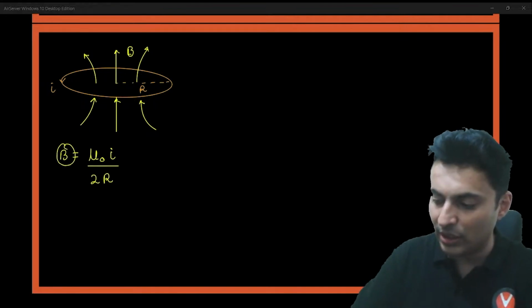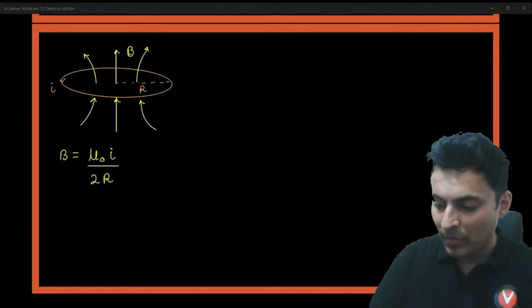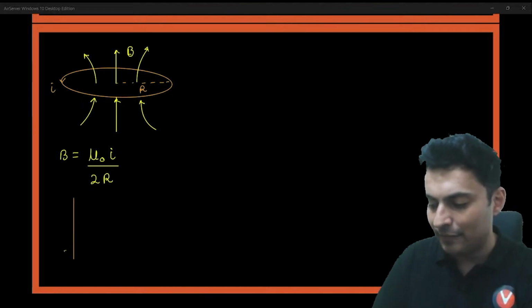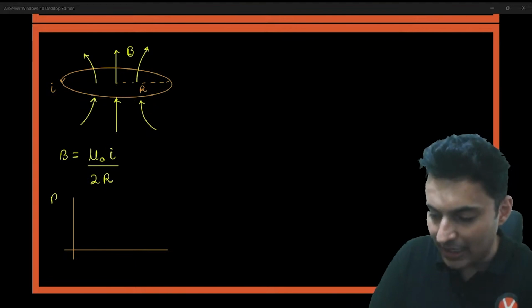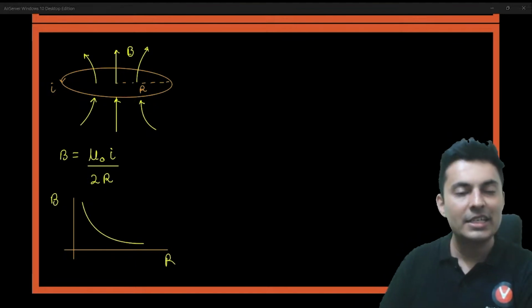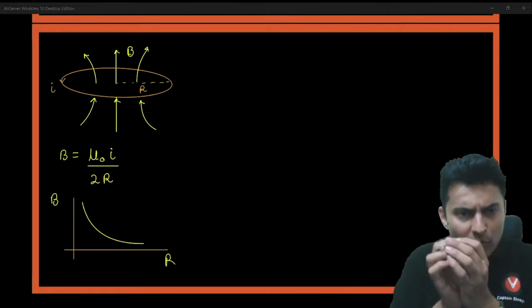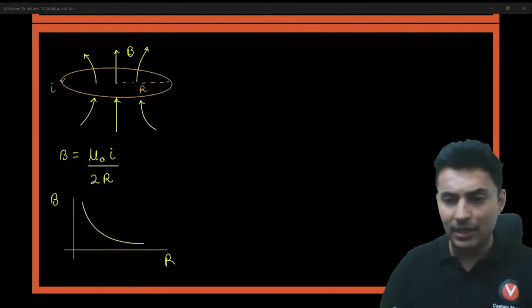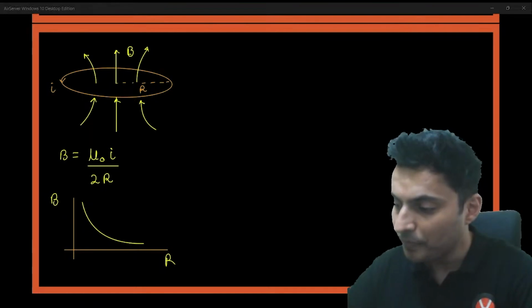Because magnetic field is on the top, radius of the coil is below. Hence, if you draw the graph of magnetic field with the radius, you will see it will be a curved line. Bigger the coil, smaller the magnetic field. Smaller the coil, more the magnetic field. That is something which again you must be aware of.